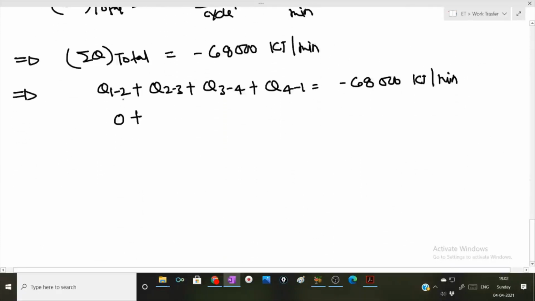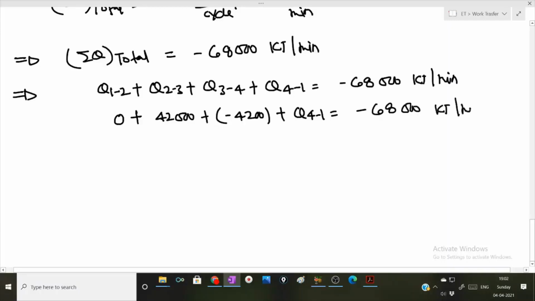So from here Q41 comes out to be minus 105,800 kilojoule per minute.